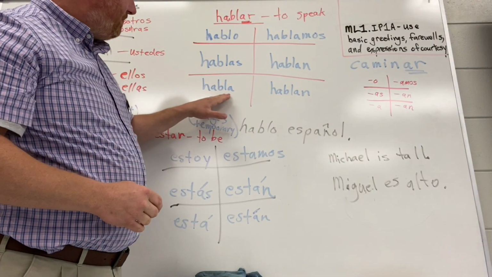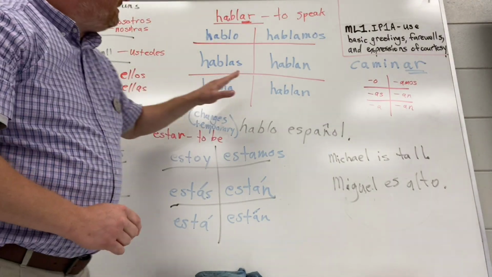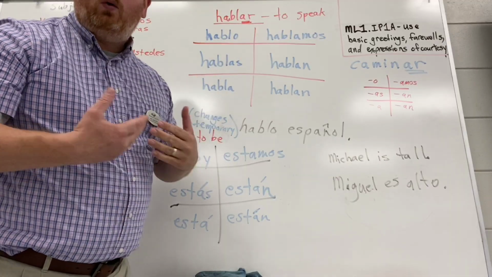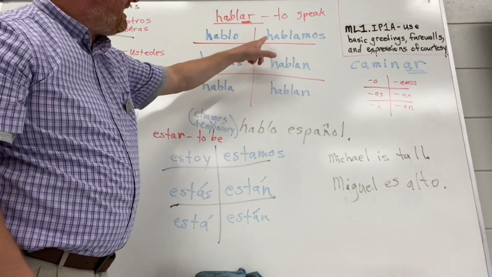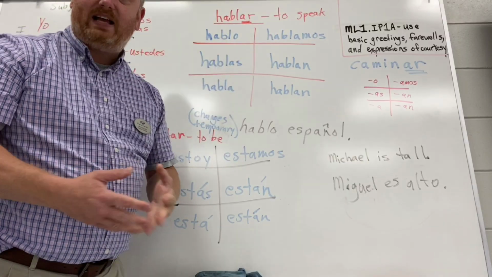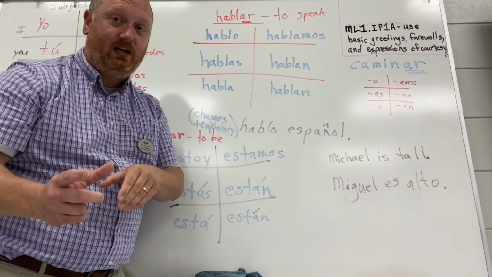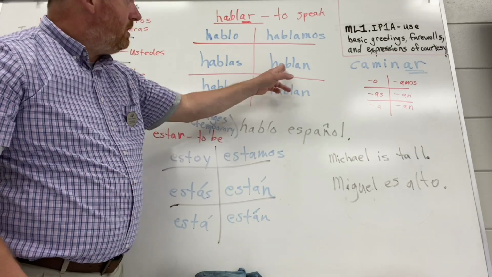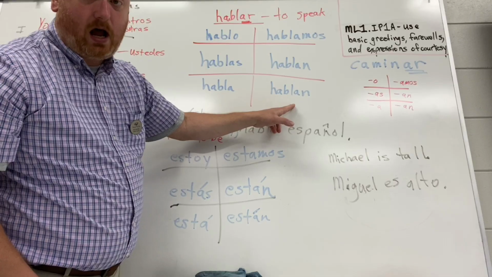So this is the appropriate verb form that's going to go for those subjects. So if I want to say we speak, I'm going to add this amos ending to it, and I'm going to say hablamos, and that's going to be we speak. That amos ending tells us that it's we. Here, hablan, and the last one also has an an ending, hablan.